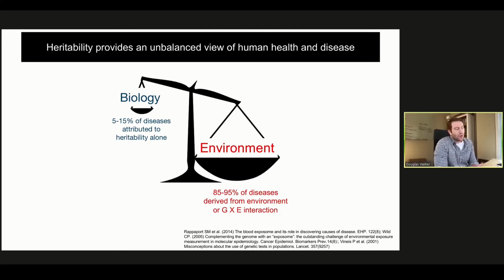However, this isn't the whole story. Our current estimates suggest that about 5 to 15% of diseases can be attributed to heritability alone, and the remaining 85 to 95% are derived from environment, lifestyle, and their interaction with the genome. So if we are only considering heritability or genetics in human health and disease, this is really an unbalanced perspective.